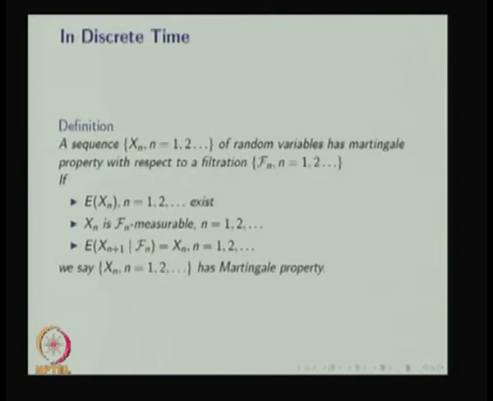If, for fixed n, the random variable is integrable, that is, the expectation exists, and also each random variable X_n is F_n measurable. The third condition: the conditional expectation of X_{n+1} given the filtration F_n is the same as X_n for every n.